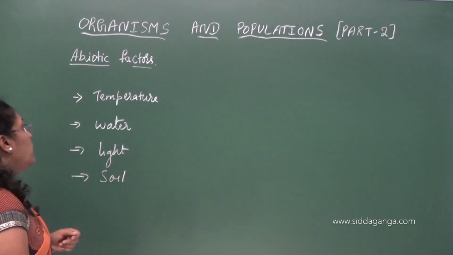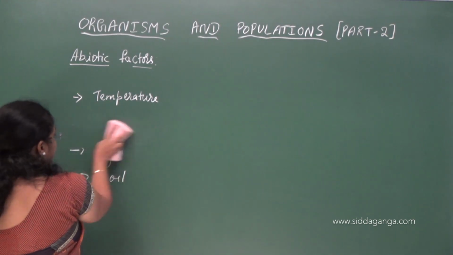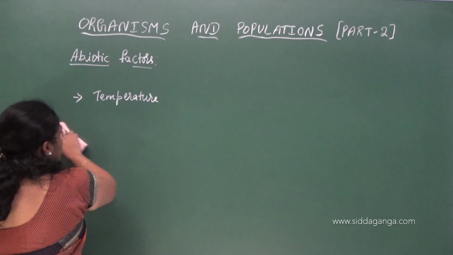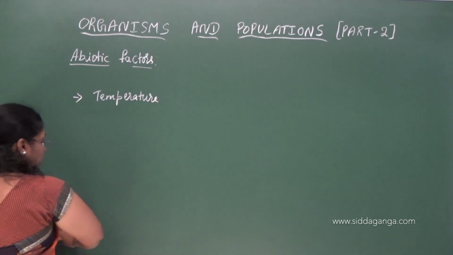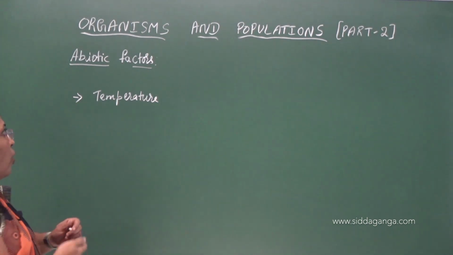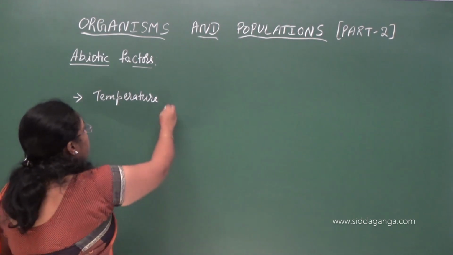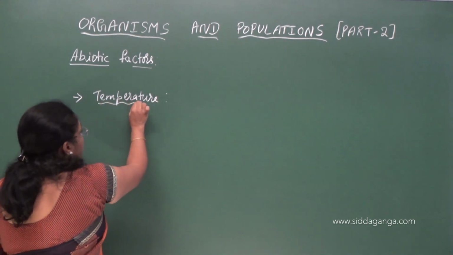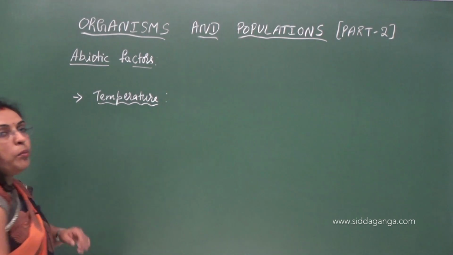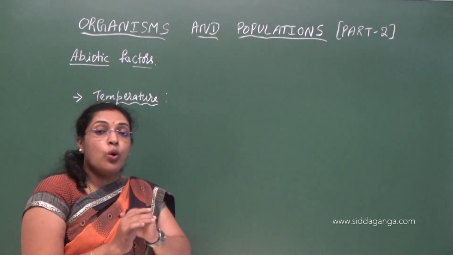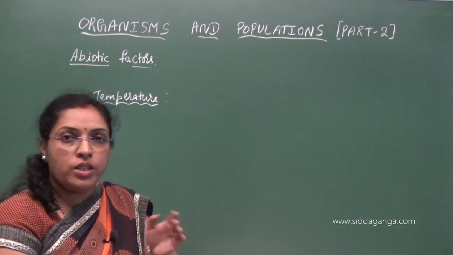So, temperature. Temperature is the most relevant abiotic factor present in the environment. It is very important, and temperature varies from one place to another.